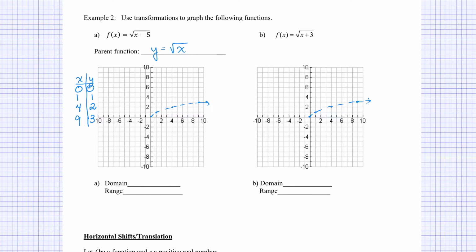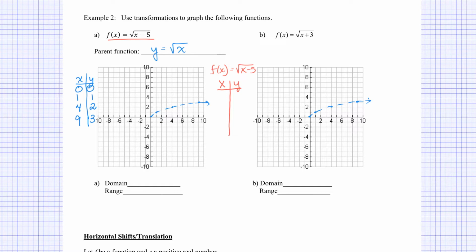And now I am going to go ahead and make a t-chart for f of x equals the square root of x minus 5 and see what the effect is going to be.